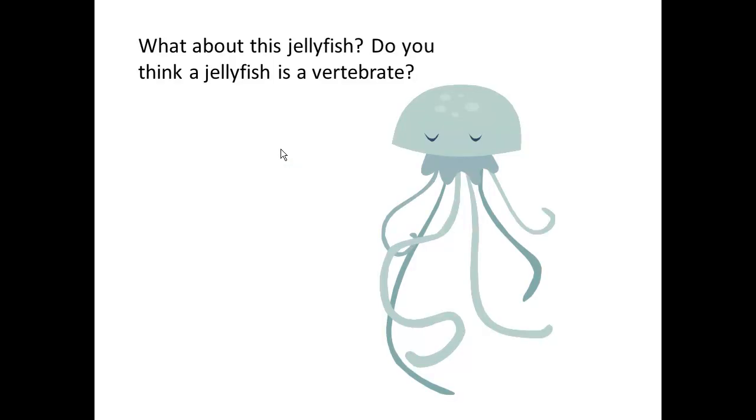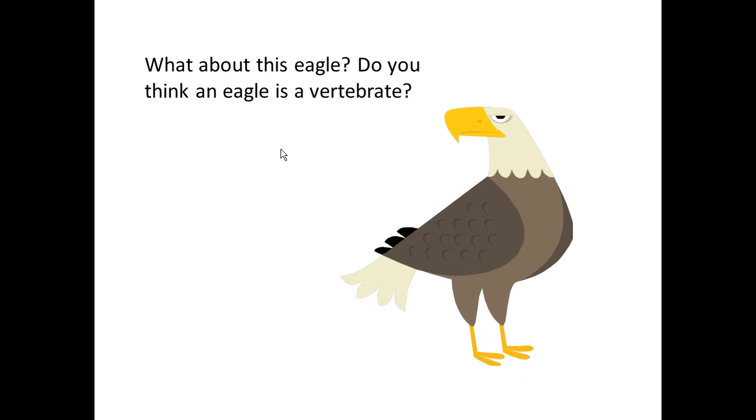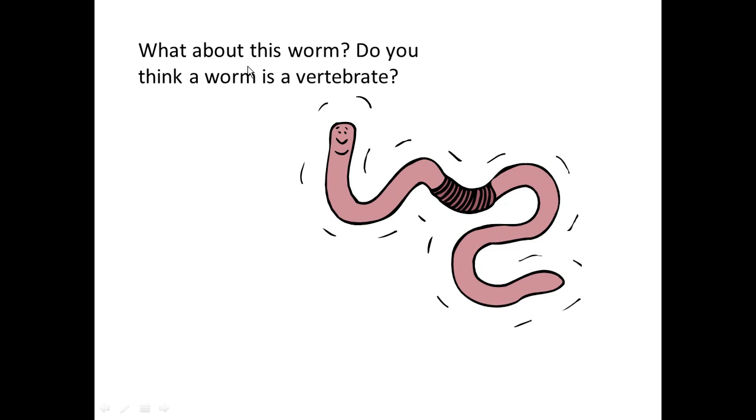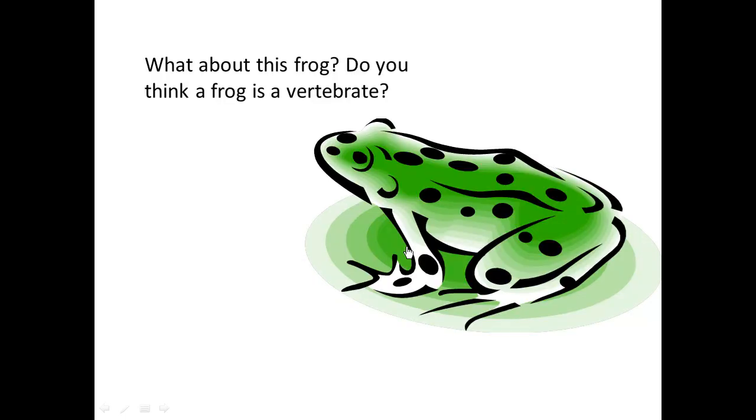Now the jellyfish: through the X-ray, we cannot see any backbone, so it is an invertebrate. Then we have an eagle, and looking through the X-ray, you can see the backbone, so it is a vertebrate. And then the whale, X-ray again, and no backbone, so it is an invertebrate.